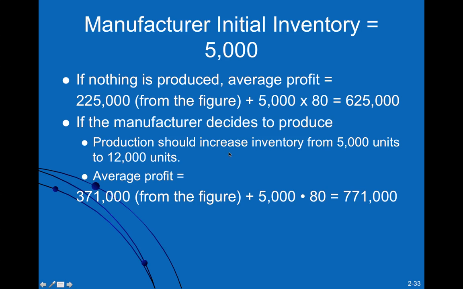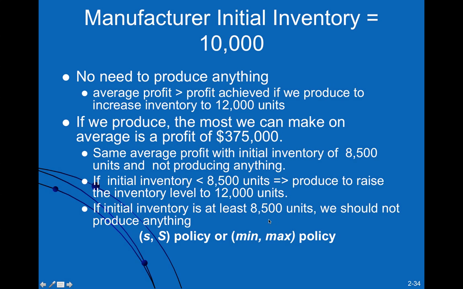Essentially, the difference is caused by the additional production between 5,000 and 12,000. But you have to take away from that the fixed charge plus the cost associated with producing that extra 7,000 units. And that could all be computed.